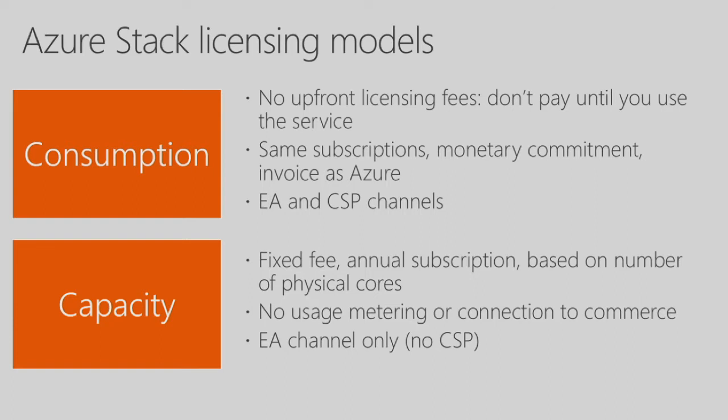The consumption model, obviously, is the one that requires you to report the amount of consumption that you do, and so that's what we want to focus on. We'll not talk so much about capacity, but please be aware that even a system that is licensed as capacity can collect usage data, and so if you want to use that usage data for your cost analytics, for your internal billing, you can do so even when you use capacity.